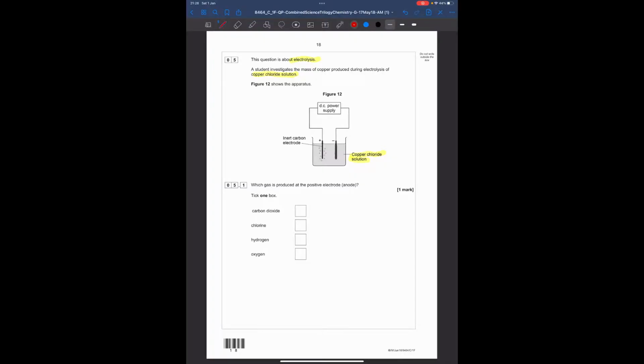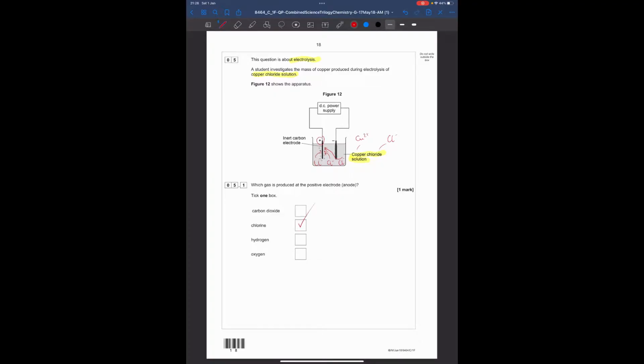Now, if we look carefully at what chemical we're using, it is copper chloride. So copper is going to form positive ions, and chloride is going to form negative ions. Now, the negative ions are going to be attracted to the positive electrode, so the chloride ions that are in the solution are going to be attracted to the positive electrode, and therefore you would get chlorine gas being made there.